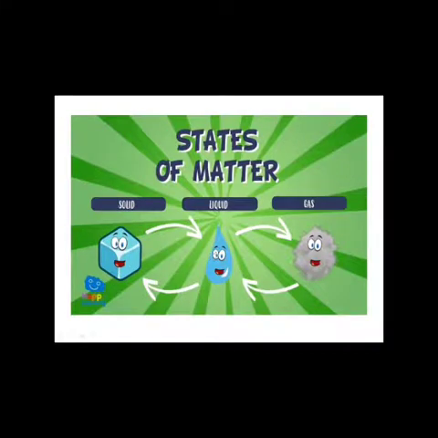Also, water can form water vapor on being heated, and water vapor condenses to form water again. Thus, ice, water, and water vapor can be converted from one form to another. So they are made of the same kind of matter, that is the same substance, water.